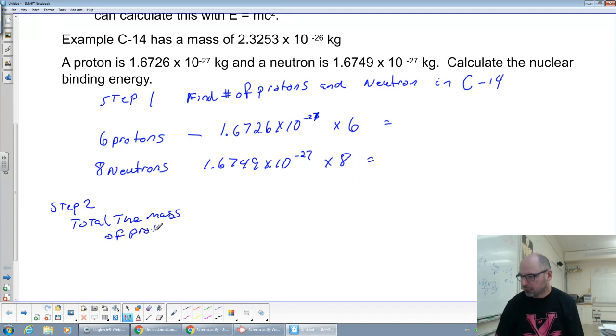Of the protons and neutrons. Okay, so we're going to do that here with our calculator. Be careful you use scientific notation properly. So in our case, 1.6726, scientific notation negative 27, times 6.